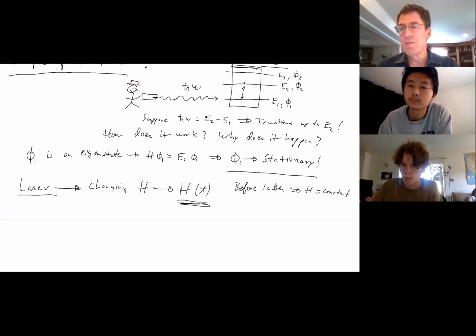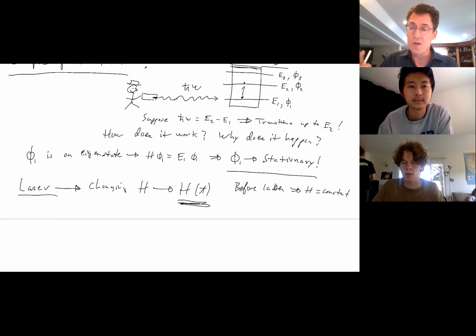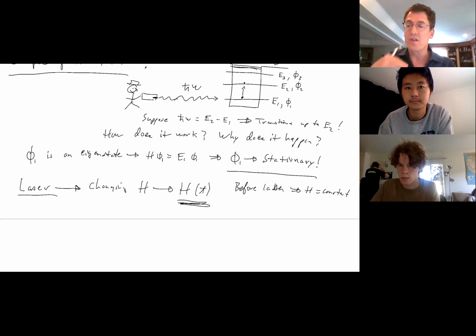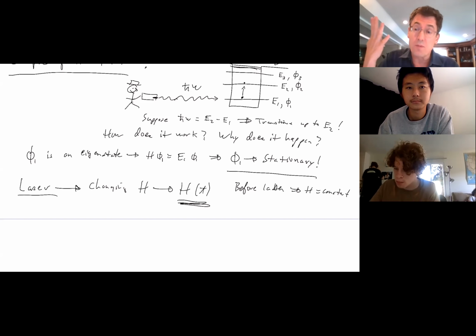What was the Hamiltonian before the laser turns on? Somebody tell me. It was just the particle in a box Hamiltonian. Right, which is the nucleus. It was just the proton, the nucleus pulling the electron towards it, the Coulomb potential. That's right, which I call a box.